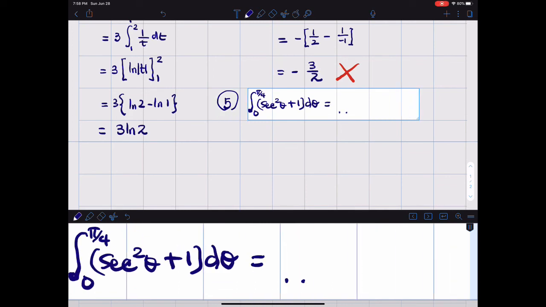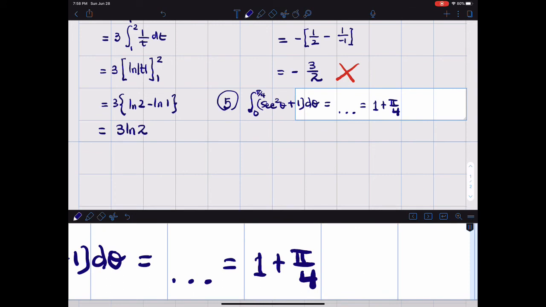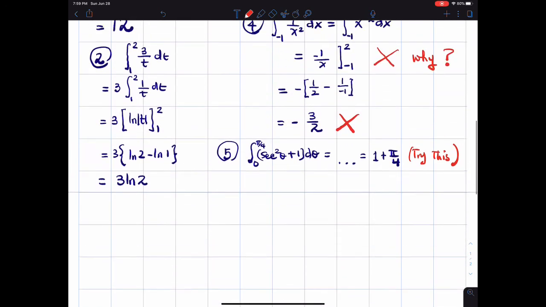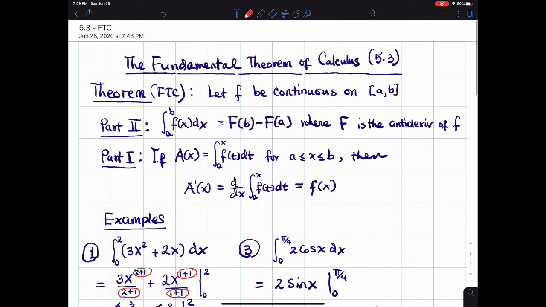The answer to this is 1 plus pi over 4. I want you to try this by yourself. It's technically not homework, but try this yourself, and maybe you can show me how you did it in class. So that's all I want to say about the fundamental theorem of calculus.